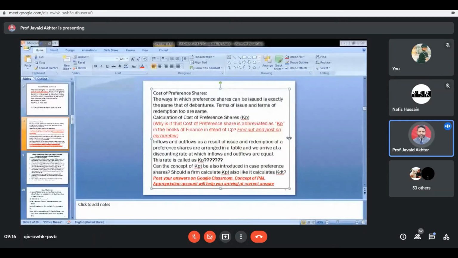If you have understood my question, answer me. The terms of issue and terms of redemption are same. What is the difference? The amount which is paid to them is known as a dividend, and the amount which is paid to the debenture holders is known as interest. Having understood this, and also having understood the fact that terms of issue and redemption remain the same, will there be a change in the calculation, or would the calculation remain the same?